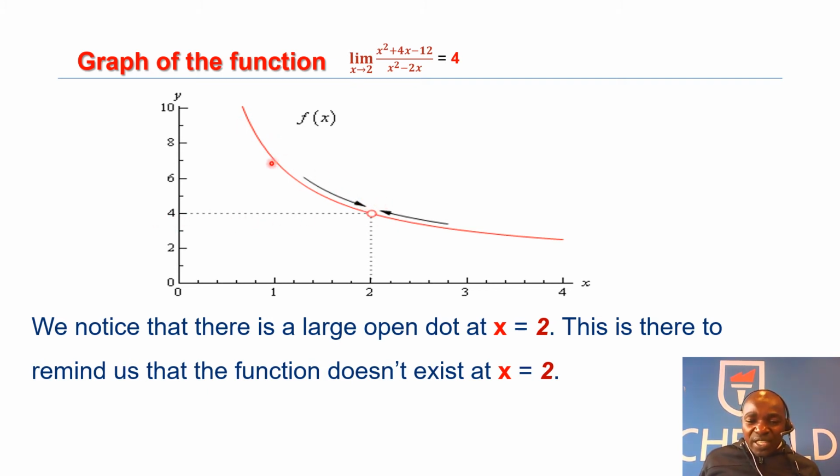As x approaches 2 from the positive side, or right side, our function f(x) is approaching the limit of 4 again. So 4 becomes the limit of this function because the approach from both sides is giving us the same limit of 4.